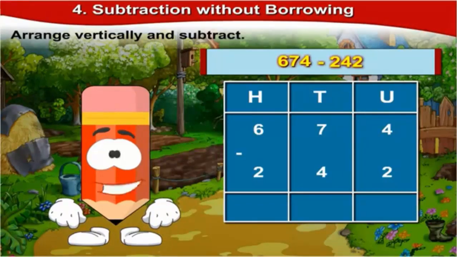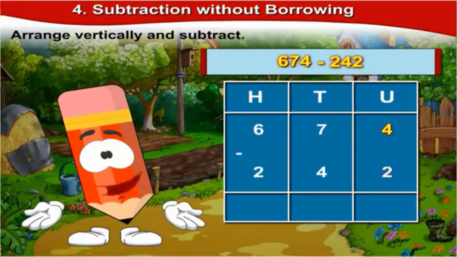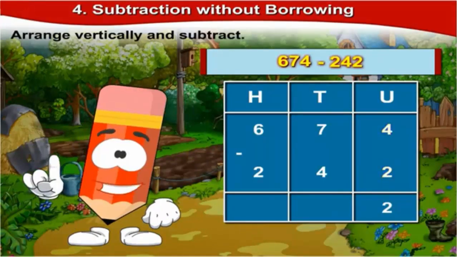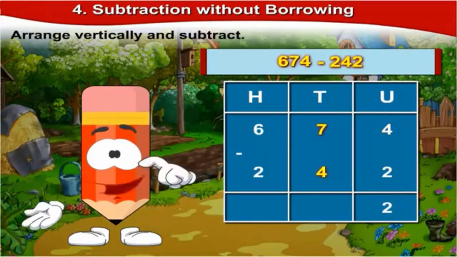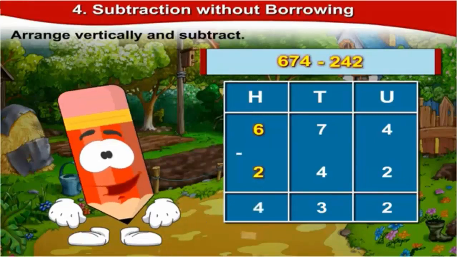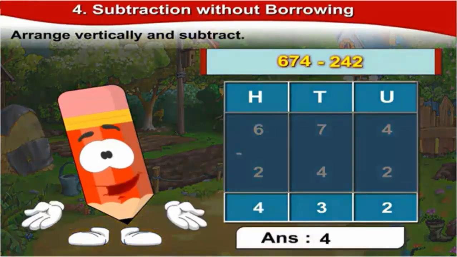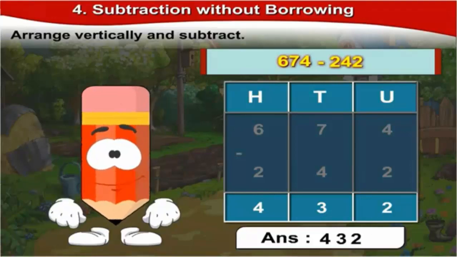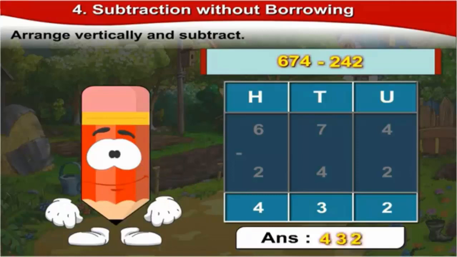If you notice the units column, 4 units minus 2 units is 2 units. In the tens column, 7 tens minus 4 tens is 3 tens. In the hundreds column, 6 hundreds minus 2 hundreds is 4 hundreds. So it is 4 hundreds, 3 tens, 2 units, which means the answer is 432.